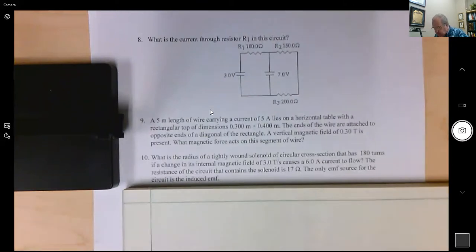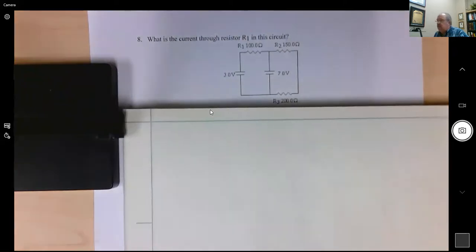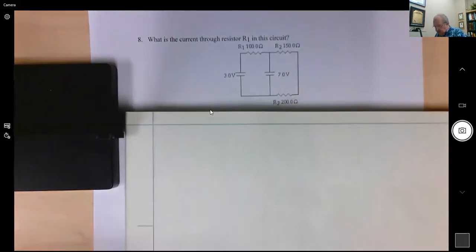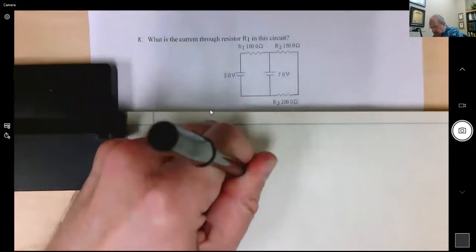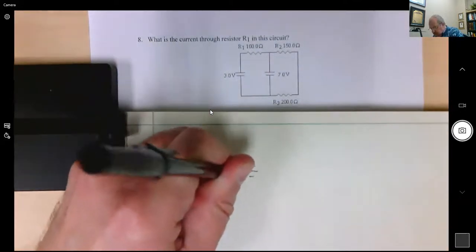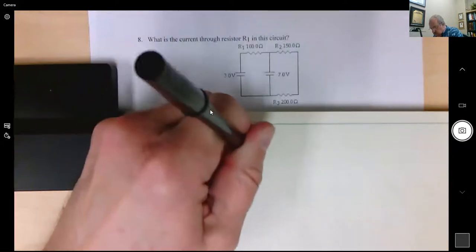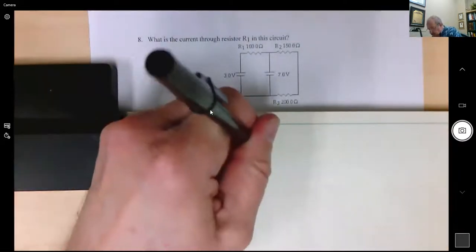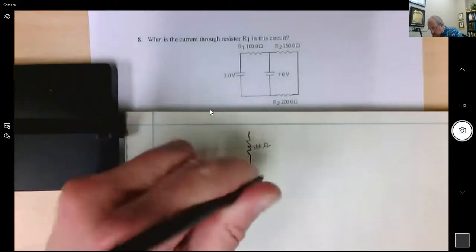And so if you look at this particular problem, on the first branch, we have a 3-volt step up and then a 100 ohm resistor.